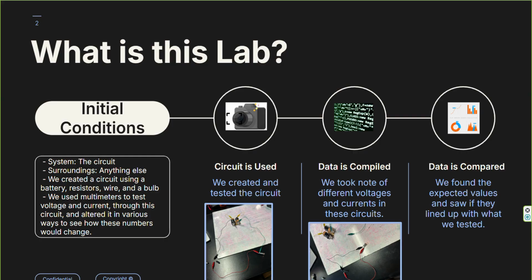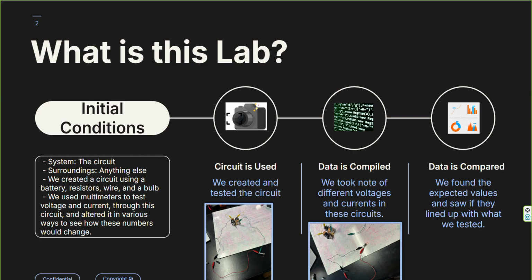We took note of all the data that we collected, and then we saw if this compared to the real world in the physics equations that we see in our textbooks. I'll get more into those exact equations on the next slide.